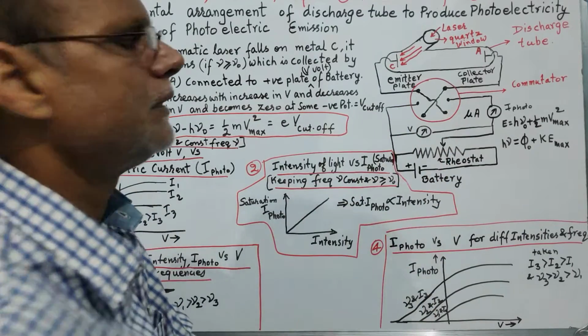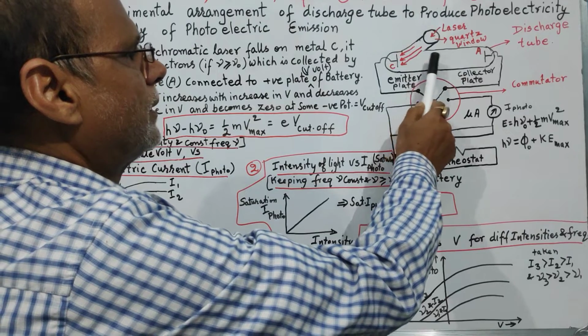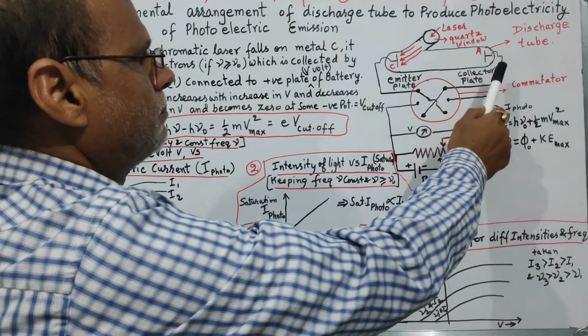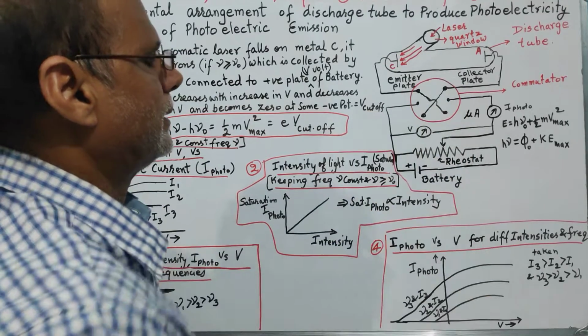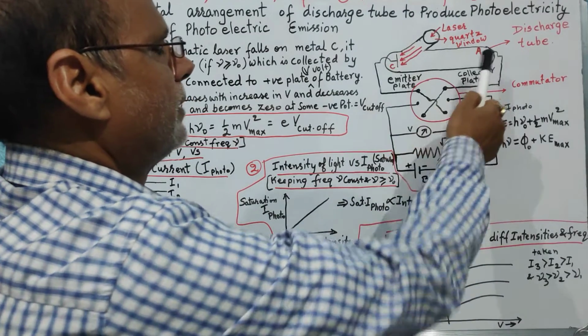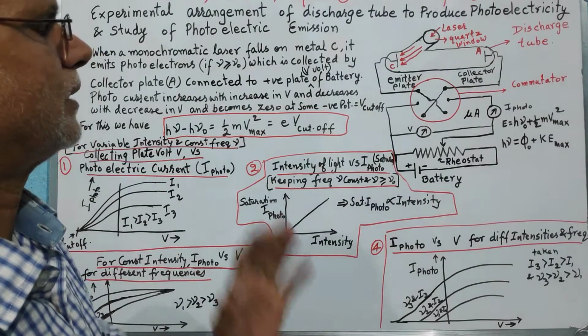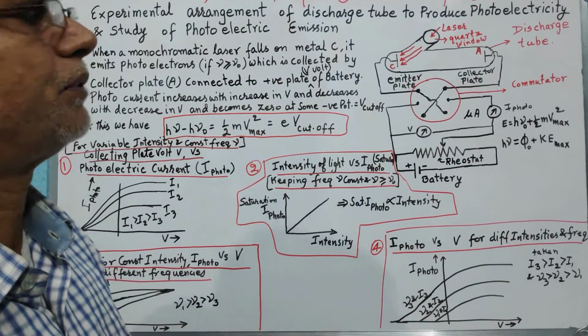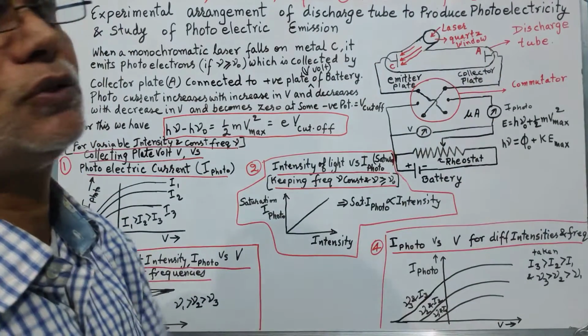As we gradually increase the negative value, what will happen? The electrons which were being attracted by the collector plate are no longer attracted; the plate starts repelling those electrons which were reaching it. There could be a particular negative potential of this collector plate for which no electron is able to reach the plate.